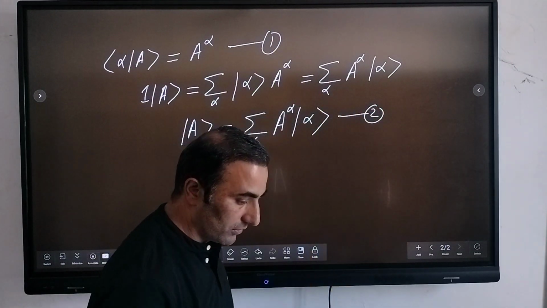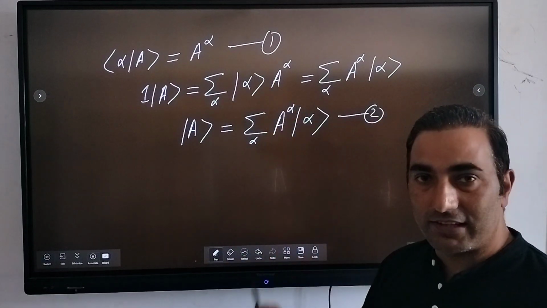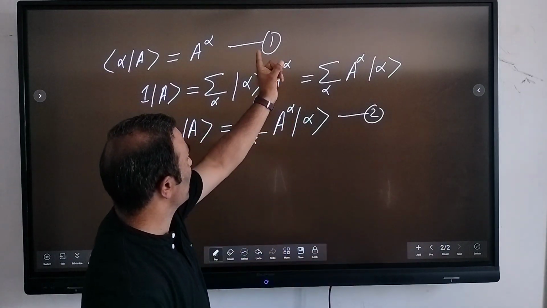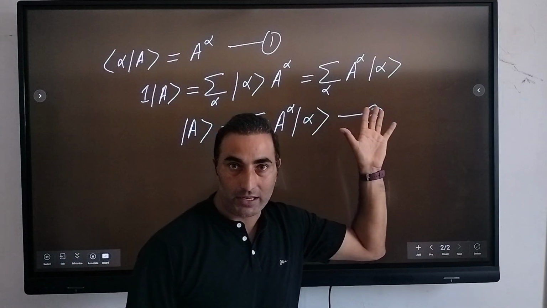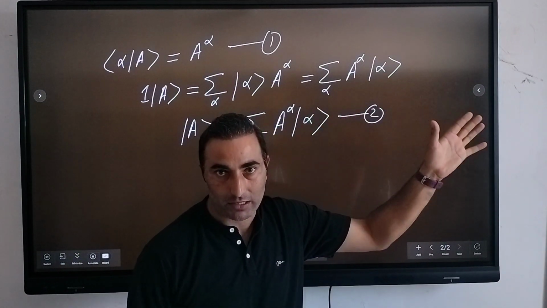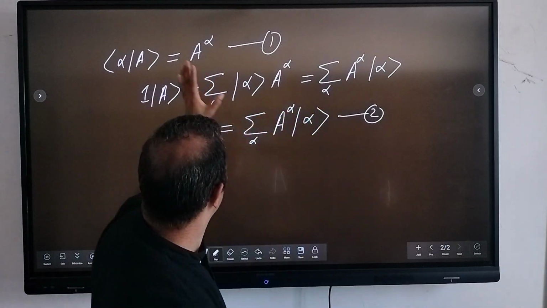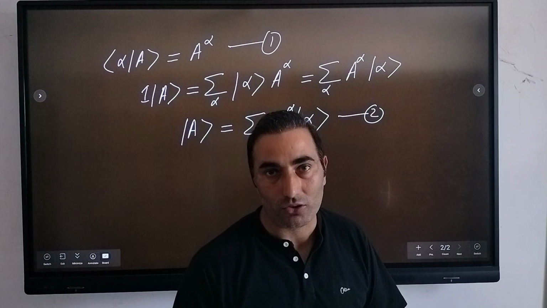So if we compare these, equation first and equation second, what do they indicate, right? The first indicates that if you know the total vector A, and take its dot product with some basis vectors, here alpha, it can be I, J, K, it gives you the corresponding component.